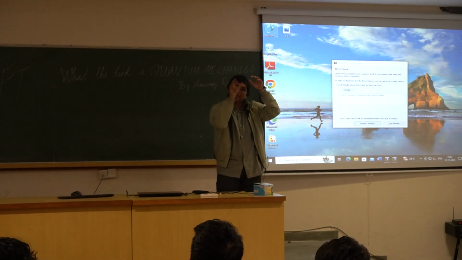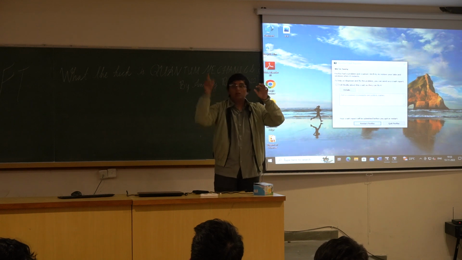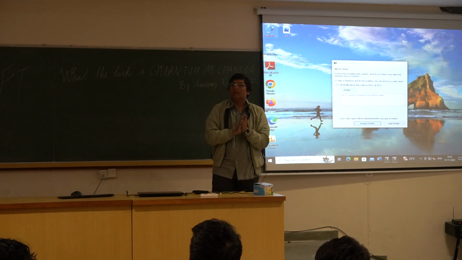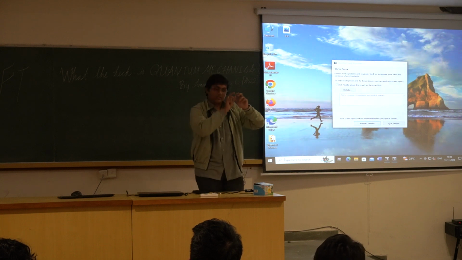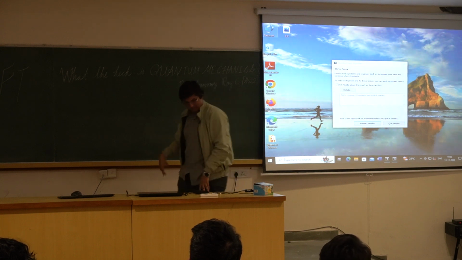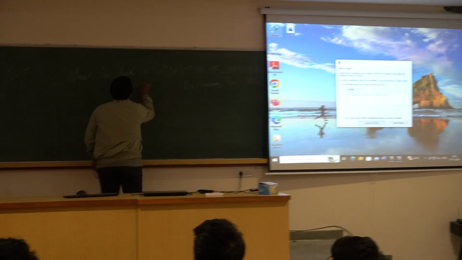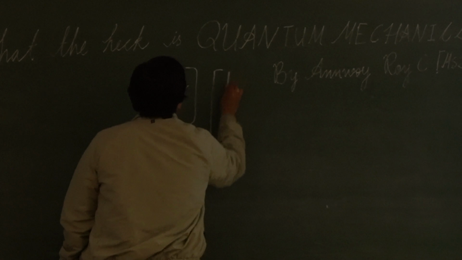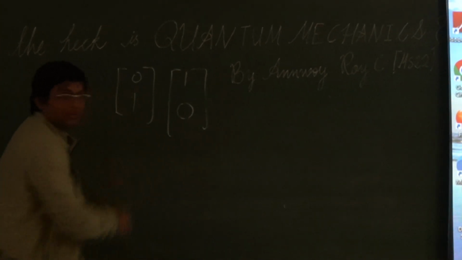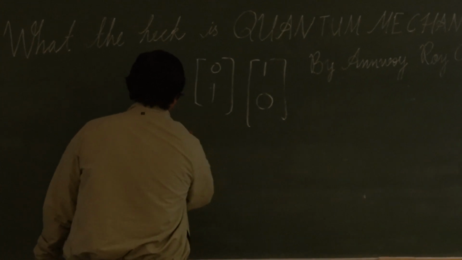You can also write this in terms of column matrices. And if you change it to a row matrix, you have 0, 1 and 1, 0, in the 2D real space.